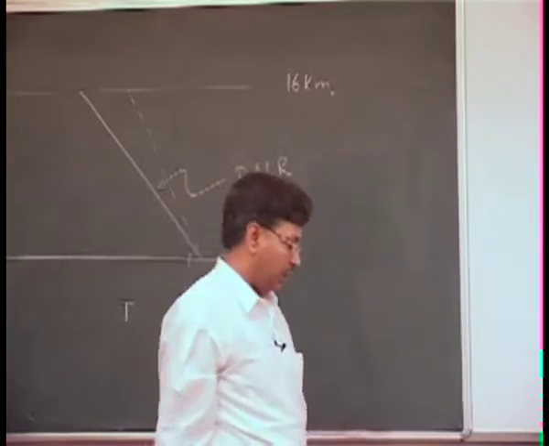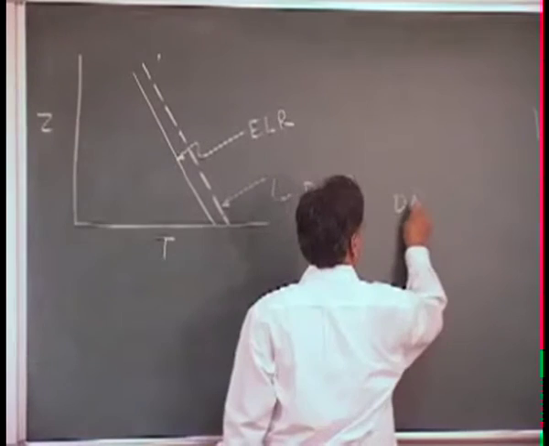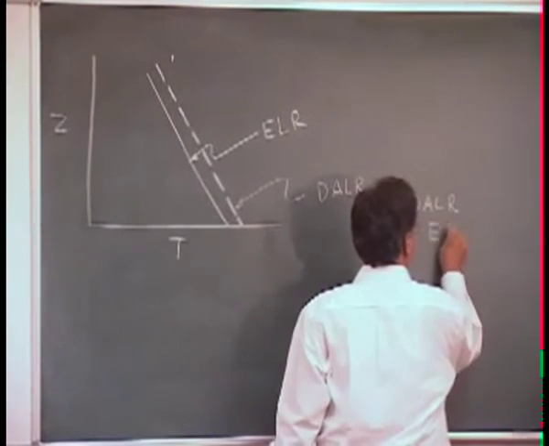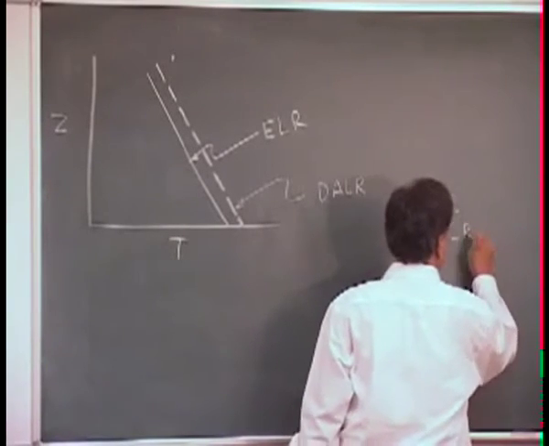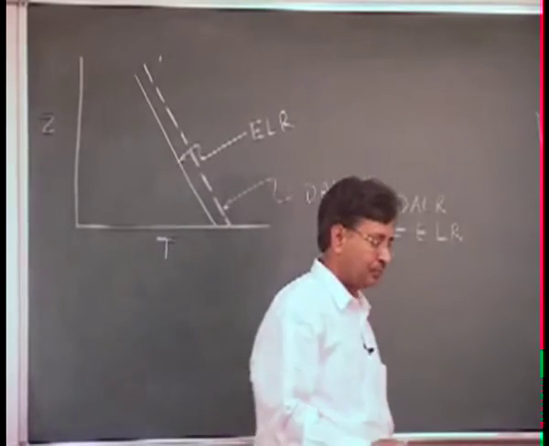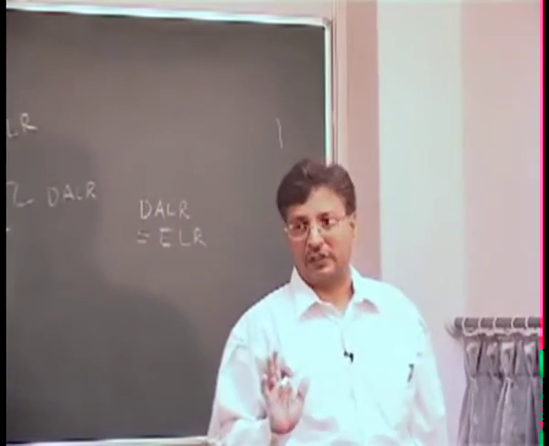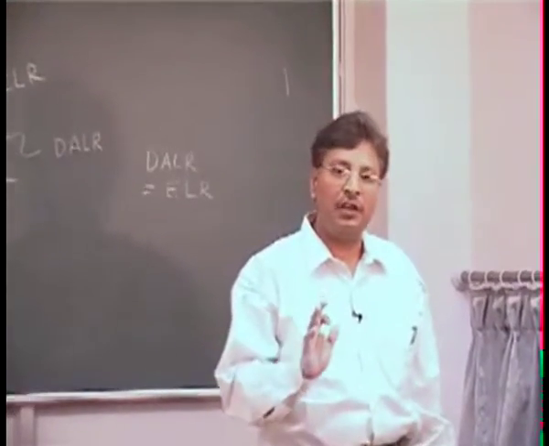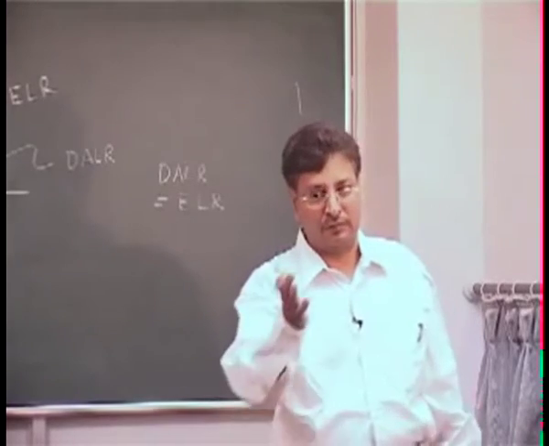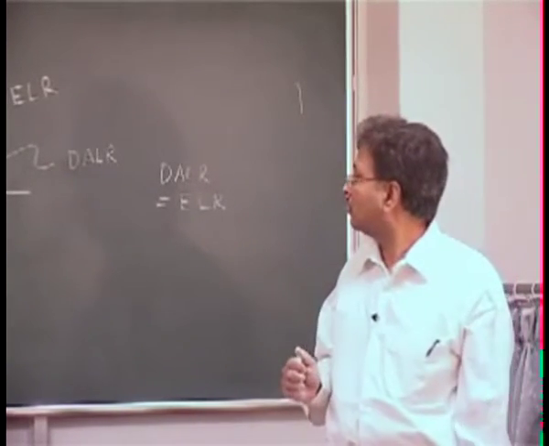So what you see in this picture is such a situation, and we call that a neutral atmosphere, because the atmosphere is behaving the way the adiabatic lapse rate will behave.